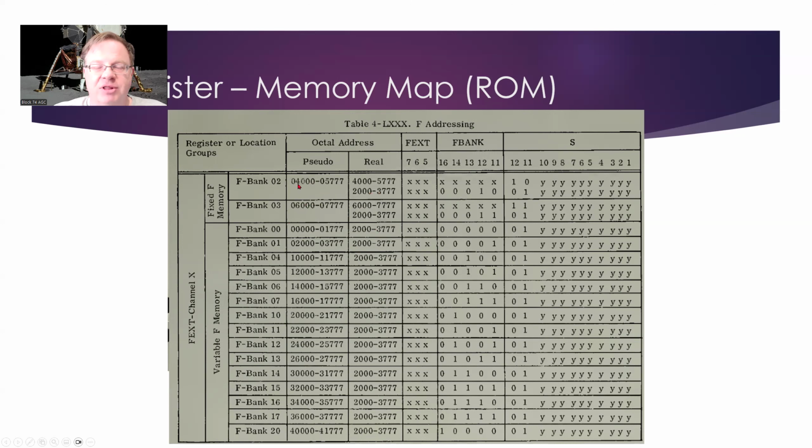For example, if we look at our interrupt handlers, a lot of those are stored in this F bank, address 4400, and our interrupt vectors, which we'll get to in a future episode on how the Apollo Guidance Computer handles interrupts. So for example, you press a key on your DSKY, that's going to launch an interrupt, and that interrupt will basically force the computer to respond to that key press.